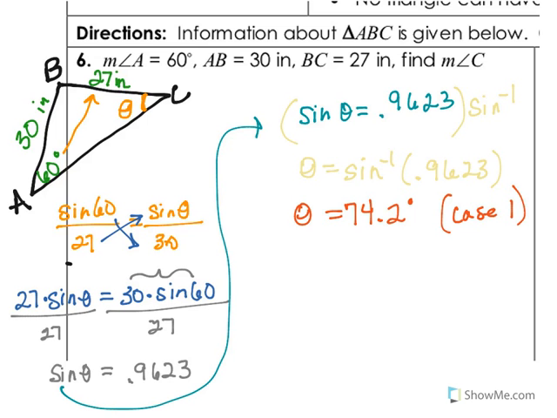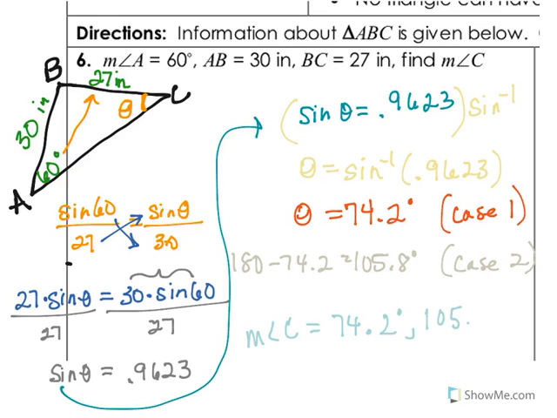So for case 2, we're going to do 180 minus 74.2. When you do that into your calculator, you get 105.8 degrees. So your measure of angle C can either be 74.2 degrees or it can be 105.8 degrees.